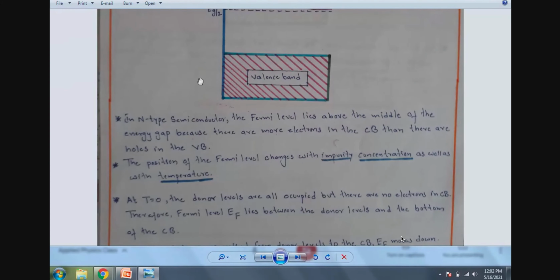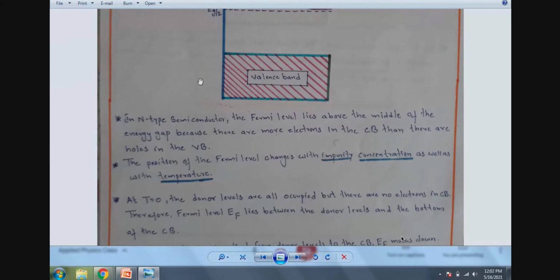Taking the log on both sides, we get log of 2 into (2 pi m e kT by h square) to the power of 3 by 2, plus (EF minus EC) by kT, equal to log nd plus (ED minus EF) by kT. There was a mistake earlier; it is 3 by 2.